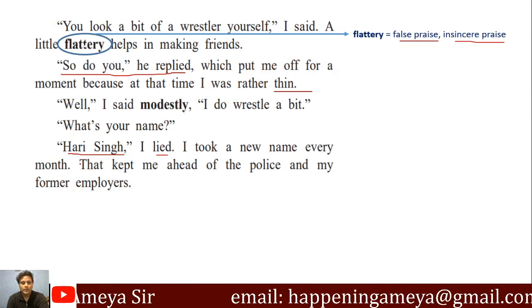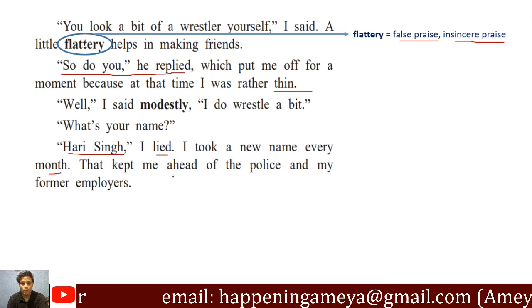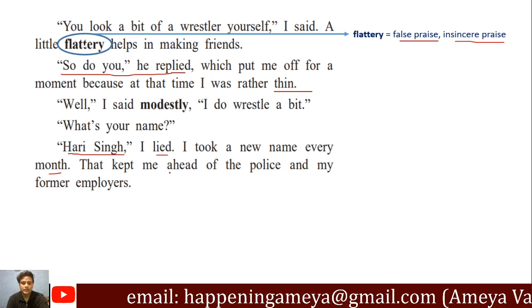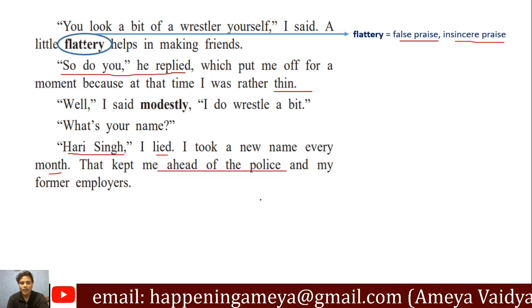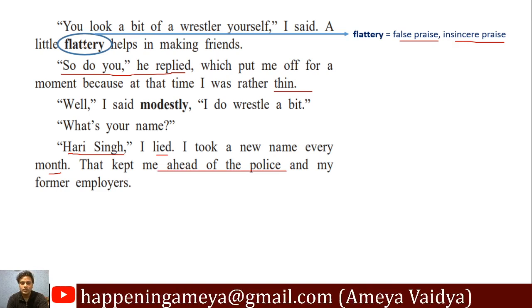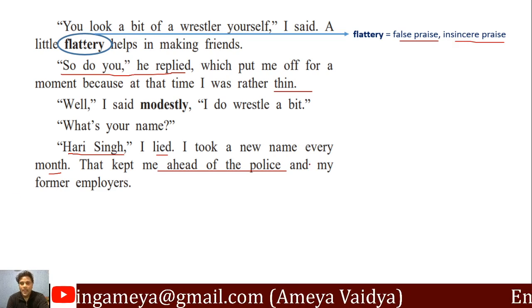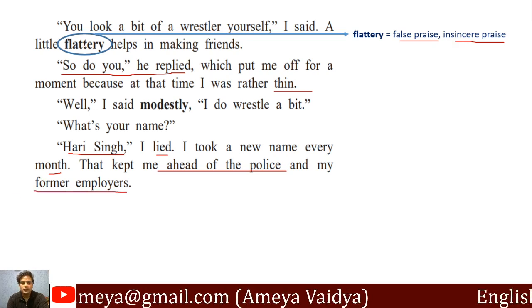"I took a new name every month that kept me ahead of the police and my former employers." Guys, important to understand this line. It kept him ahead of the police means he always resorted to this technique in order to avoid getting arrested by the police. And why the former employers? Because that is the way he operates.